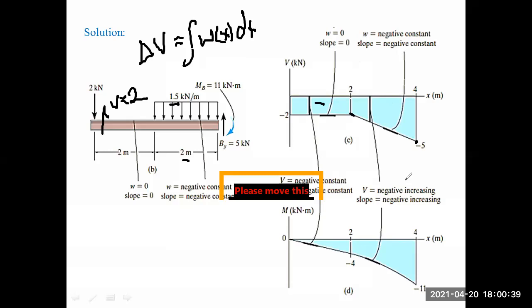So if you have a question, you could ask. If you have no question, we move to the last example. And that would be the end of today's lecture for this week. Okay. Any question?